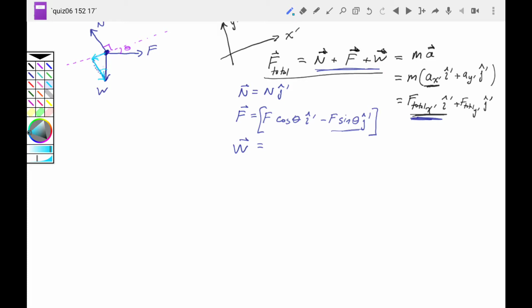That means this angle must be theta. So W sine theta i hat prime, negative, because it's in the negative x prime direction. And then negative W cosine theta j hat prime.